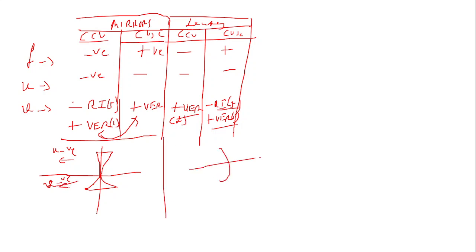For lenses, for example, if I take the same concave lens, we get virtual and direct. When the image is on this side, it is called virtual and direct. If the image is on this side, it is called real and inverted. Whereas for a mirror, an image in front of the mirror, on this side, is called real and inverted, and an image on this side is called virtual and direct. This is the only change that happens here.